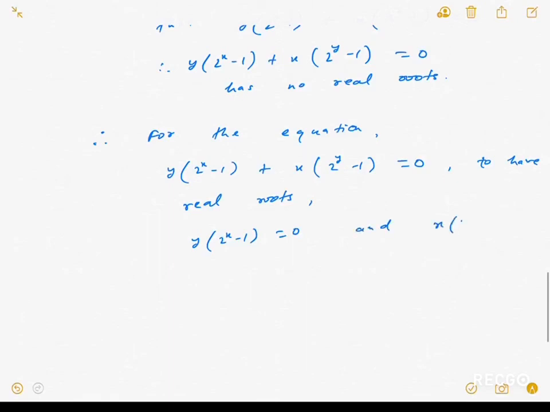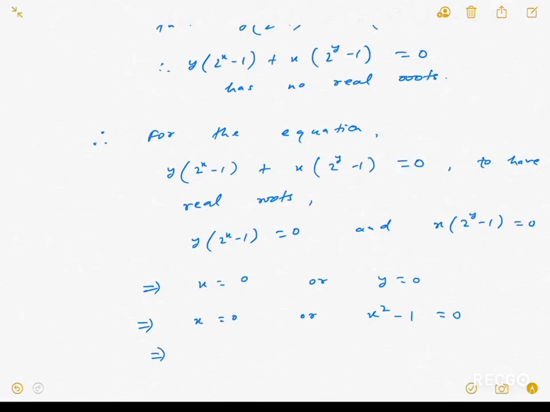First term equal to 0 and second term equal to 0, which means there should be common values of x and y satisfying these two equations, and so it can be either whenever x is equal to 0 or whenever y is equal to 0, right? So either x is equal to 0 or y is equal to 0. In any one of these cases, both equations are satisfied simultaneously.